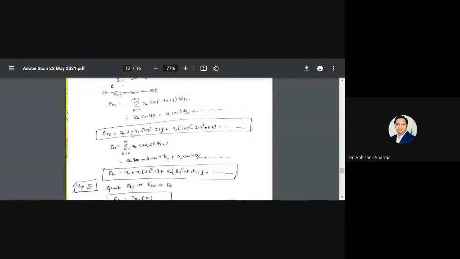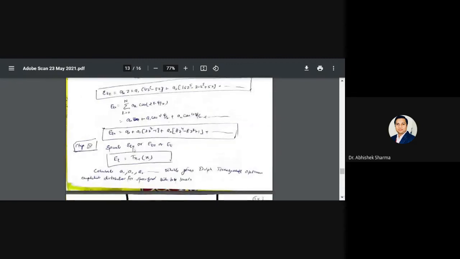in terms of z. So if it is even number of elements, then it will be equal to a naught z plus a1 (4z cube minus 3z) plus a2 (16z5 ...) up to so on. If it is odd number of elements, then a naught plus a1 (2z square minus 1). These will be fixed. These equations will be fixed. These are standard equations.